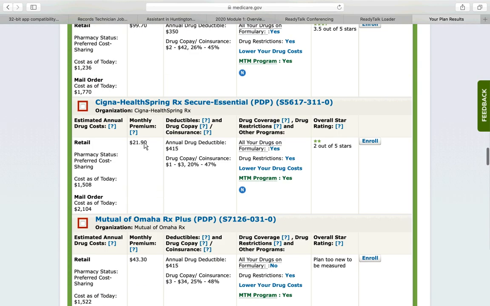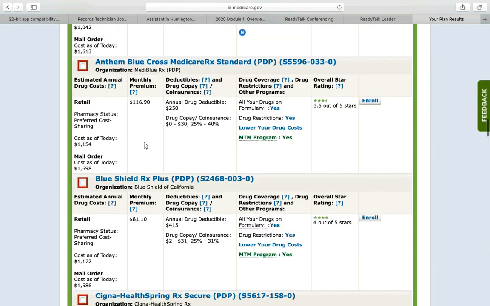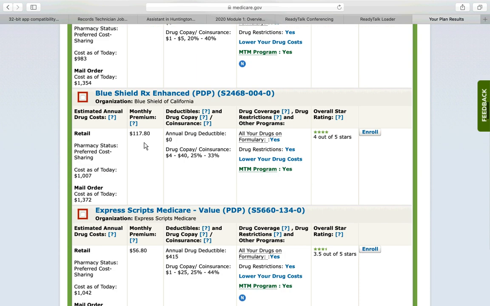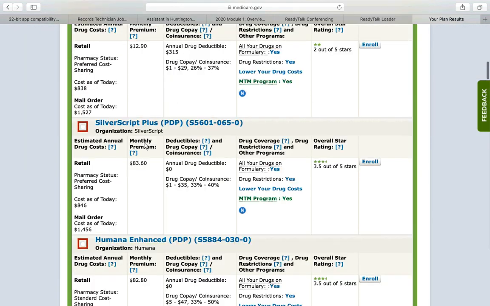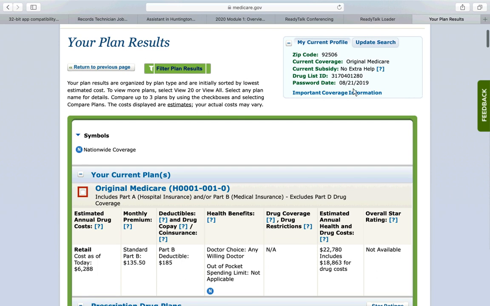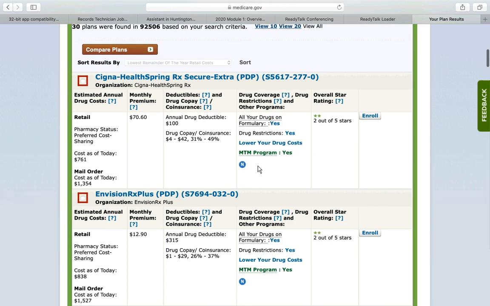And my go-tos are usually Aetna, Blue Shield, Humana, and Anthem. Okay. Again, that drug list ID is here. It's going to continue to populate, and the password date is also very important. So if we were to click on one of these plans, let's go down to that Aetna.